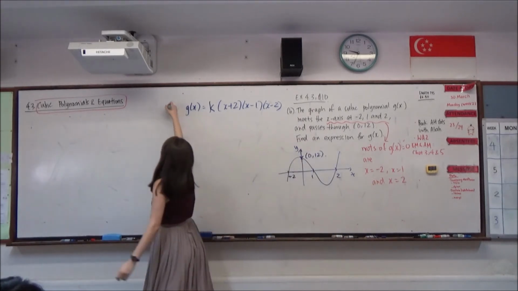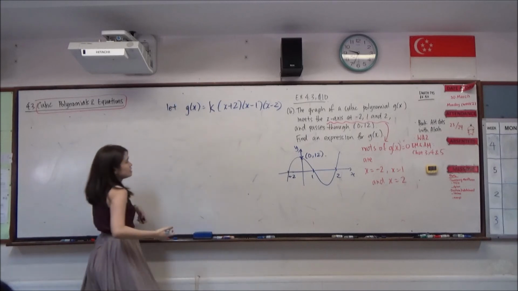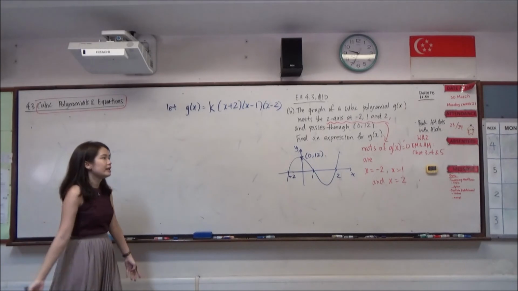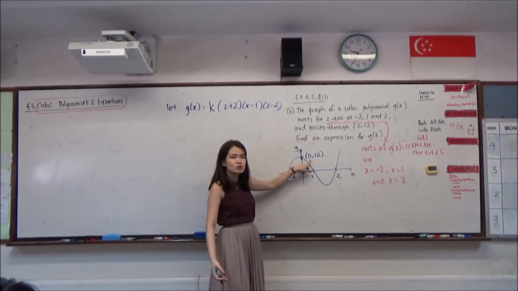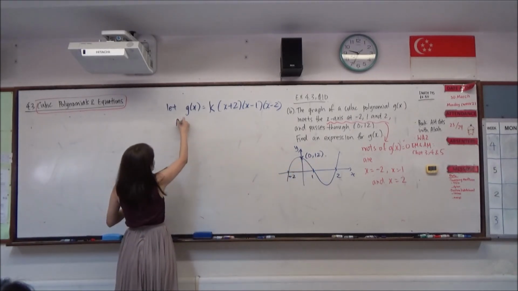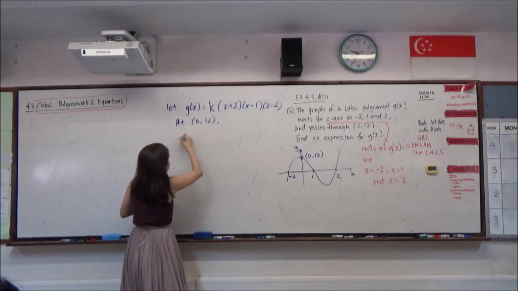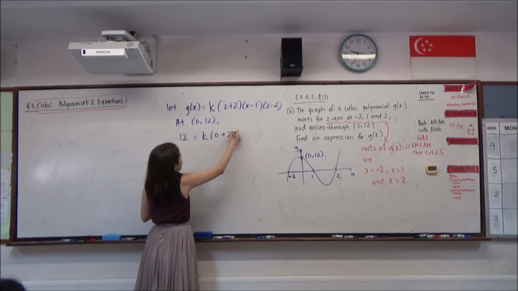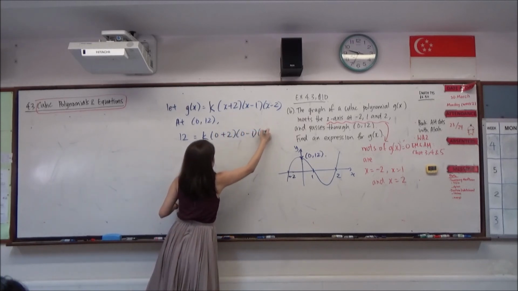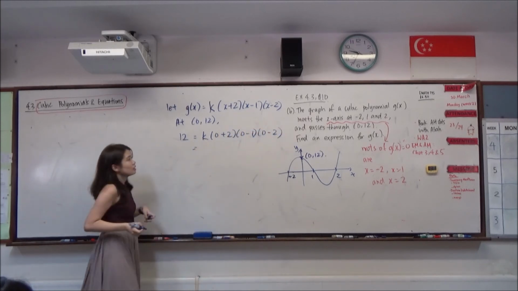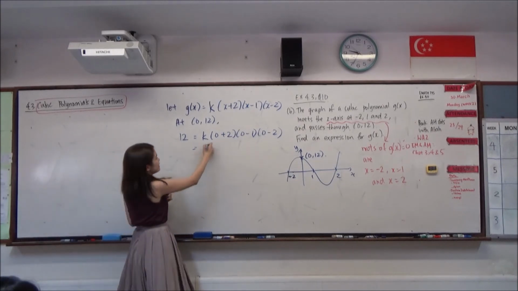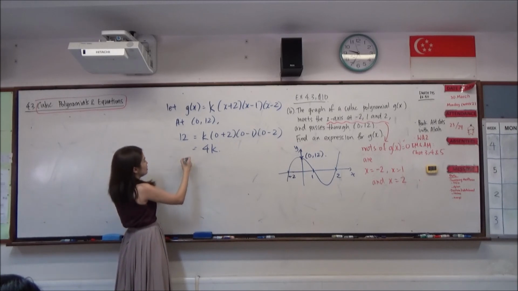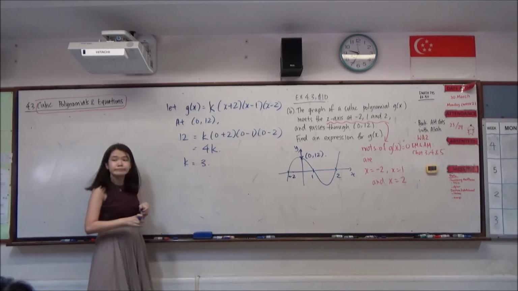So I will let g(x) equal this. And in order to find out what k is, we make use of the fact that it passes through this point. So at this point itself, g(x) equals 12, and all the x values are 0. And with that, we can find that this will be 4k and k will have to be 3.